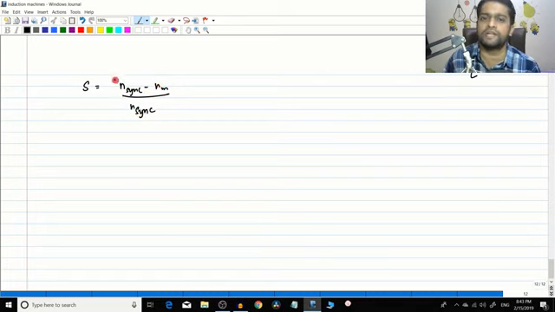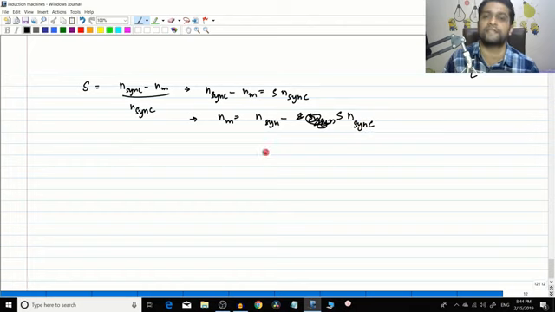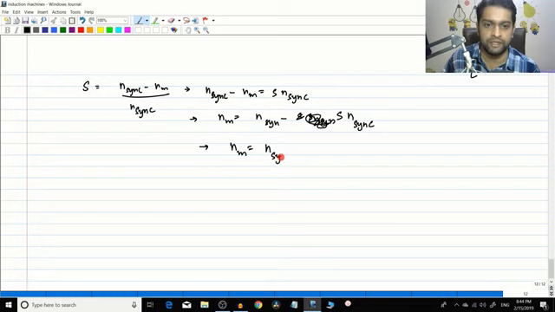With a little mathematical juggling, N sync minus Nm is equal to S into N sync. That means Nm is equal to N sync minus S into N sync. So I can write Nm is equal to N synchronous speed into 1 minus S.